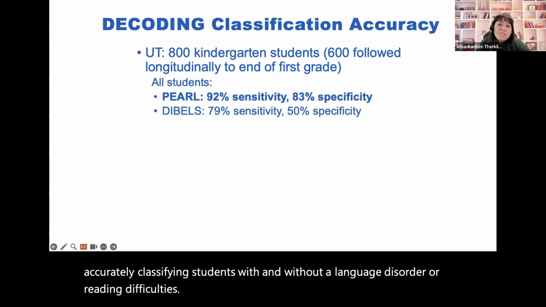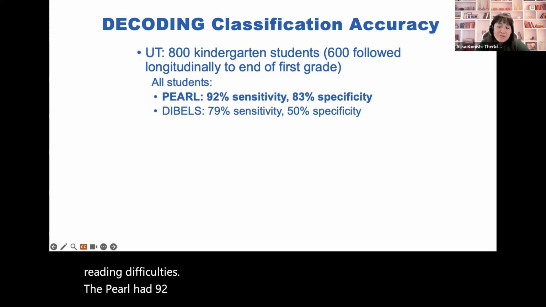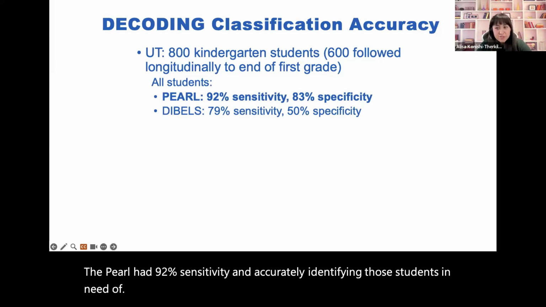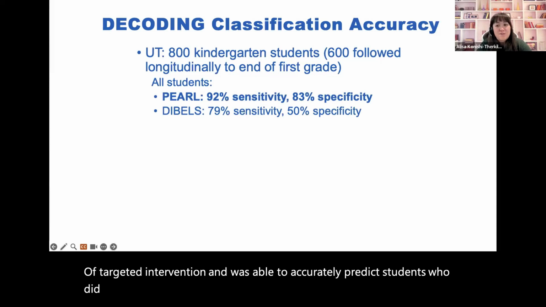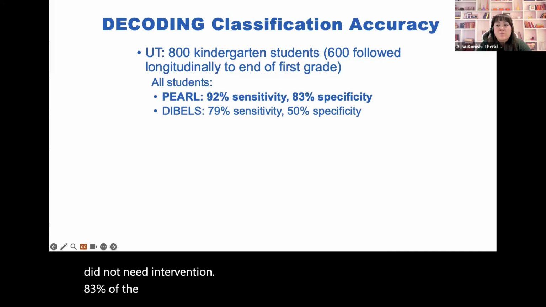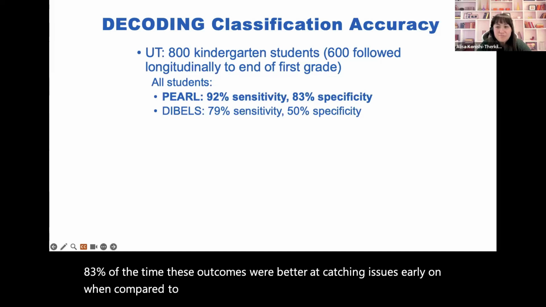The Pearl had 92% sensitivity in accurately identifying those students in need of targeted intervention and was able to accurately predict students who did not need intervention 83% of the time. These outcomes were better at catching issues early on when compared to the Dibbles.